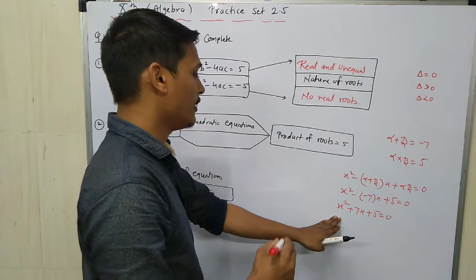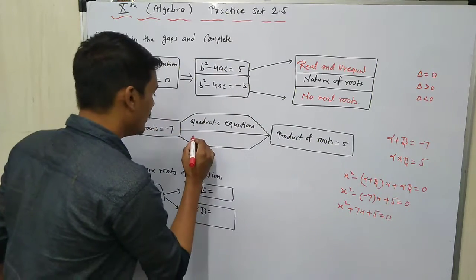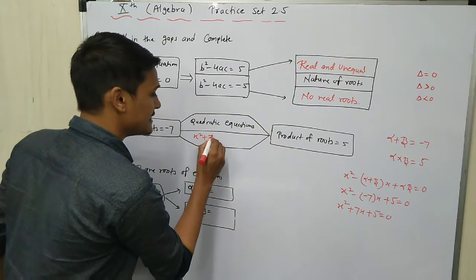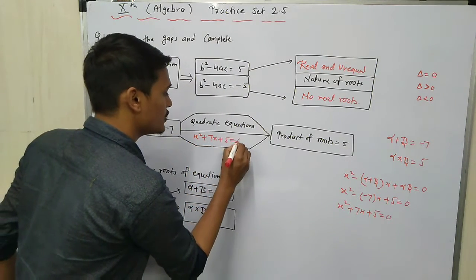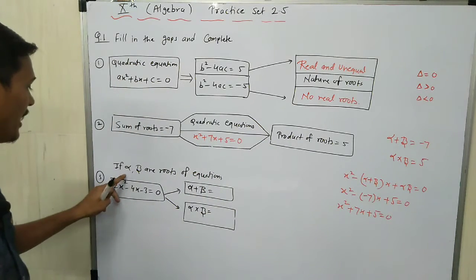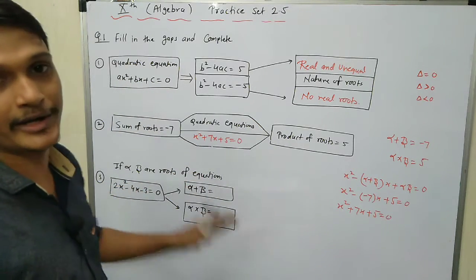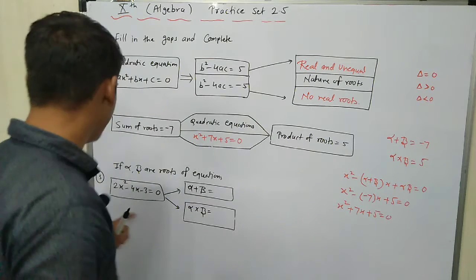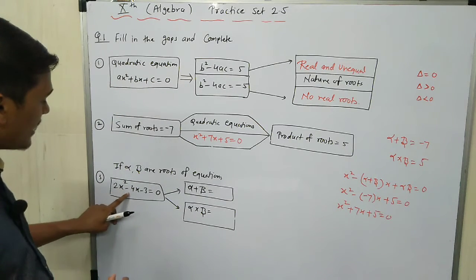This is your quadratic equation. Write down here x square plus 7x plus 5 is equal to 0. Understood?